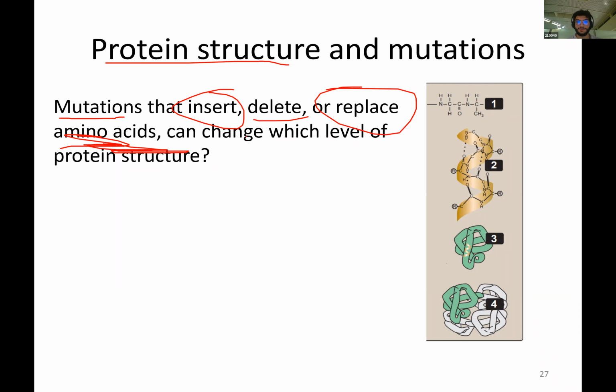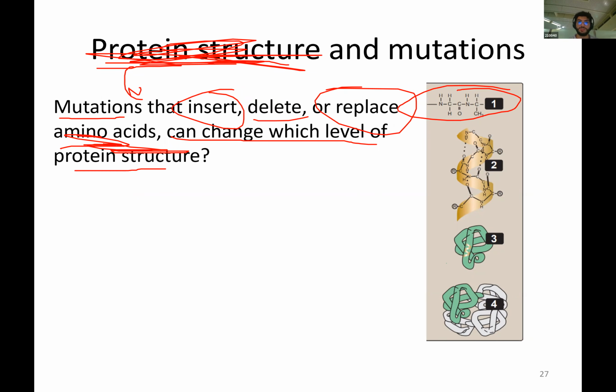And obviously, in this question over here, it says which level of protein structure can change due to the mutation in the amino acid. Obviously, it's at the primary level because in the entire amino acid chain, there's a whole new amino acid. For example, you had phenylalanine, and then it changed into something like proline. So this entirely changed the protein, and this causes the protein to misfold.